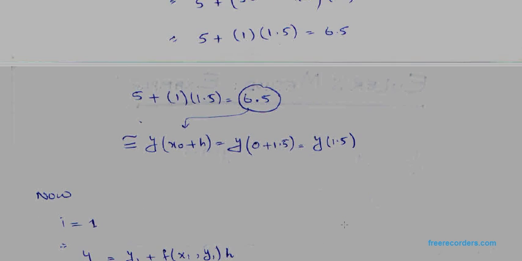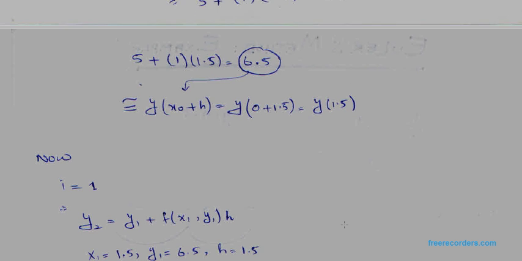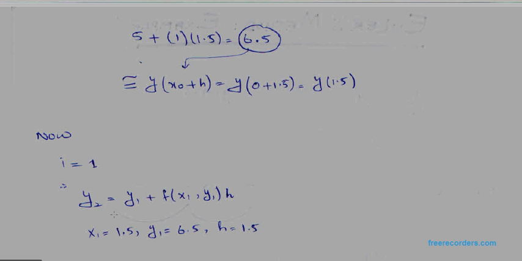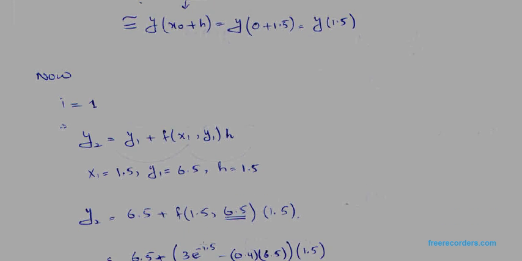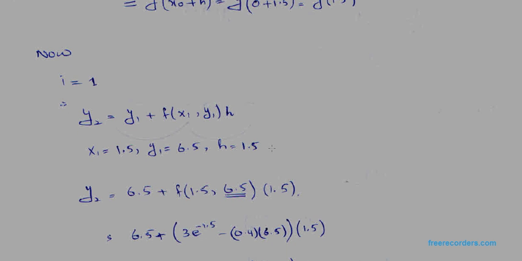Now we calculate the value at i equal to 1. Then y2 is equal to y1 plus f(x1, y1) times the step size h. We calculate this step on the basis of x1 and y1. Now our x1 is 1.5, the corresponding y1 is 6.5, and h is 1.5 again; it will be constant.